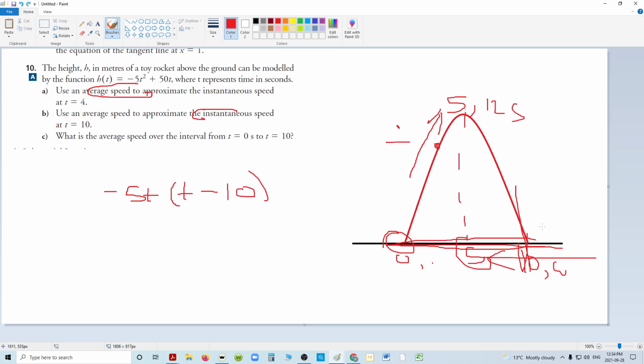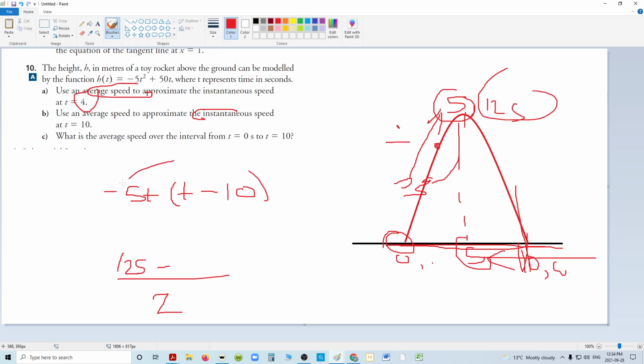For 10, I can either use the instantaneous rate of change philosophy, but they say use the average rate of change. So for the first one, for 4, I'm going to measure the difference between 5 and 3. So 5 and 3, obviously the delta x is 2. I've already got the y for 5, so I'm going to subtract. I need to figure out for 3.